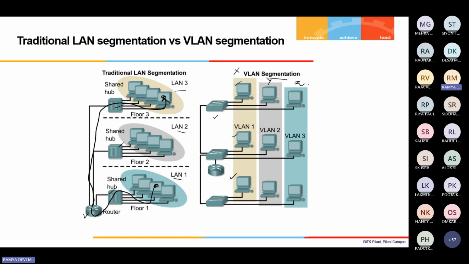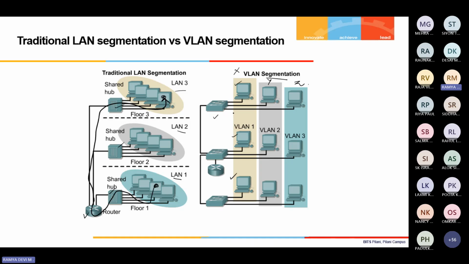All three different network systems are connected to this switch, where they will be logically segmented into three different networks. Devices will be grouped by functionality, regardless of physical location.